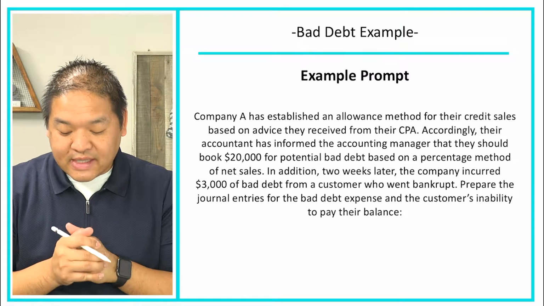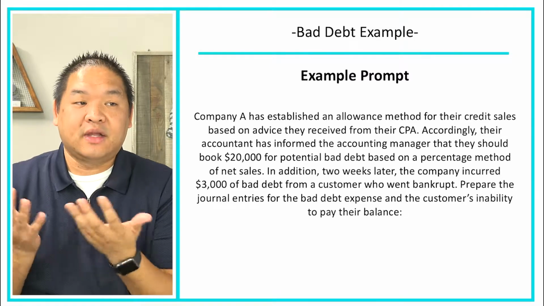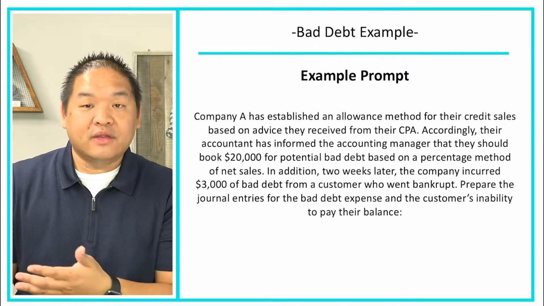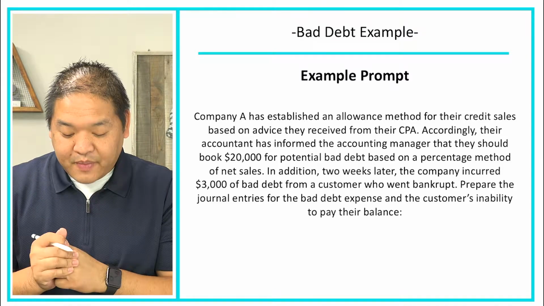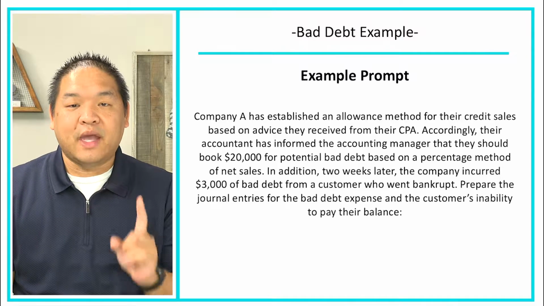In addition, 2 weeks later, the company incurred $3,000 of bad debt from a customer who went bankrupt. So now they know the customer's not going to pay because they were bankrupt. So we need to book the $3,000 of bad debt and write that off our books. Prepare the journal entries for the bad debt expense and the customer's inability to pay their balance.